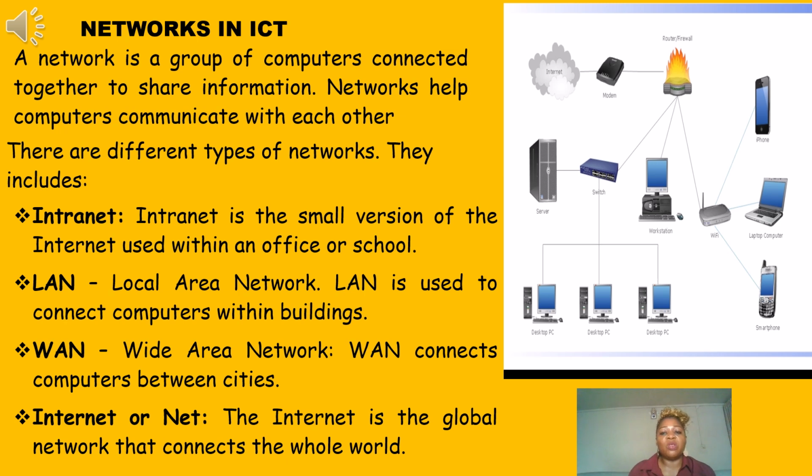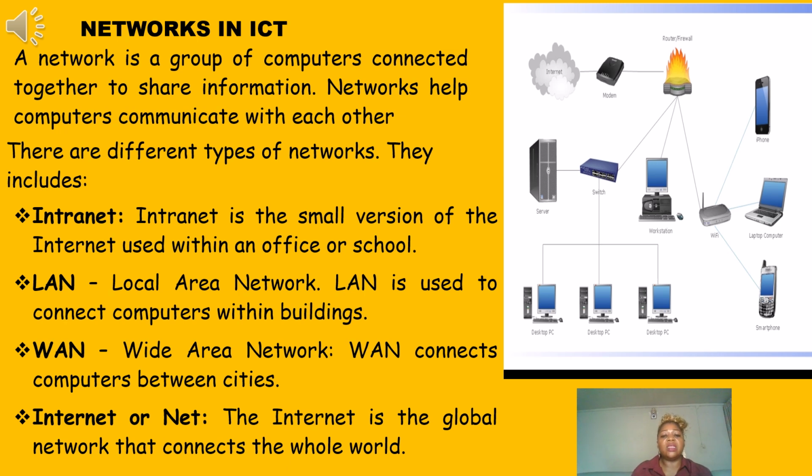We have different types of networks. They include intranet. Intranet is a small version of the internet used within an office or school. The second one is the LAN, which means local area network. LAN is used to connect computers within buildings.